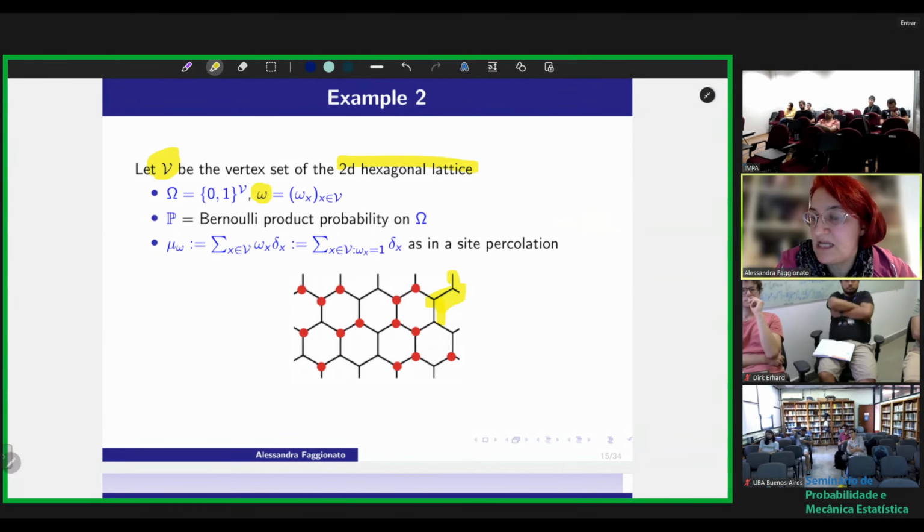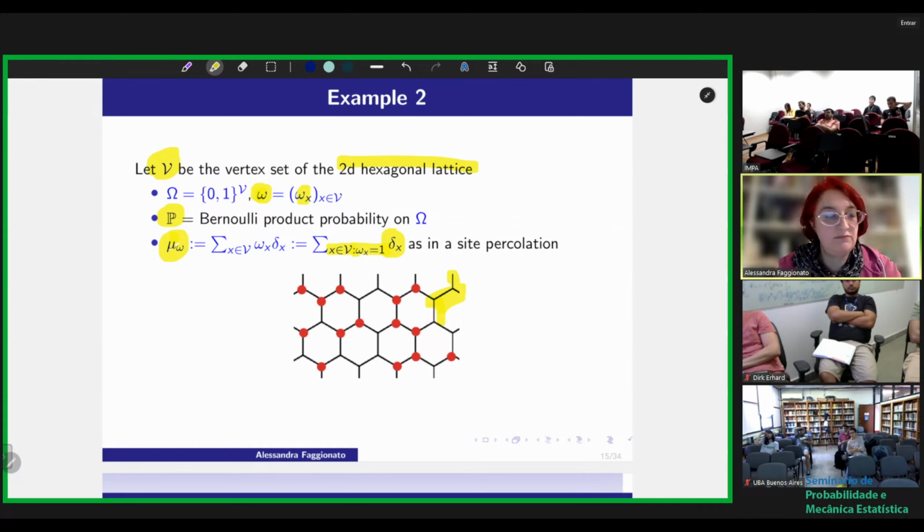Therefore, an element of my space is a family of numbers, 0 or 1, associated to the vertices of the lattice. And I can take on omega as probability the Bernoulli product probability, exactly as in Bernoulli site percolation. Then to each omega I can associate a random measure, which is simply the sum over x in the hexagonal lattice such that omega_x is equal to 1.